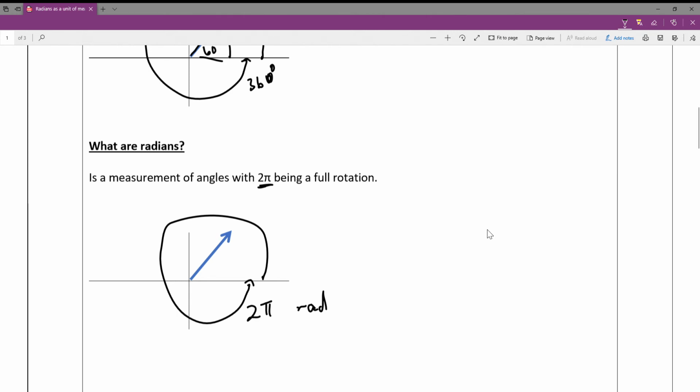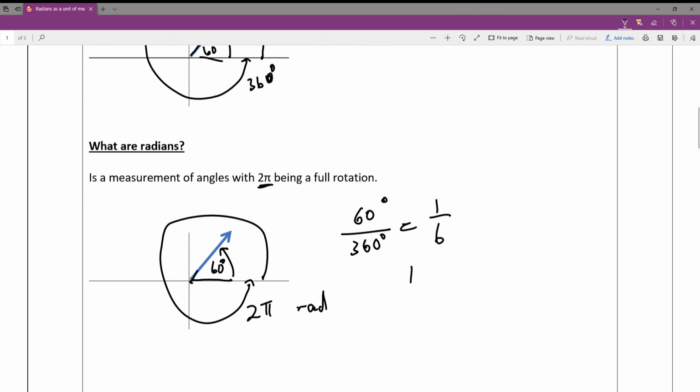Okay. So in the previous definition, we said that the angle between this arrow and this axis is 60 degrees. And you know that 60 degrees is 1/6 of 360. So what do you think this would be in radians?